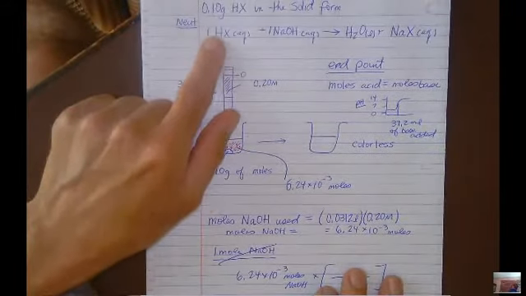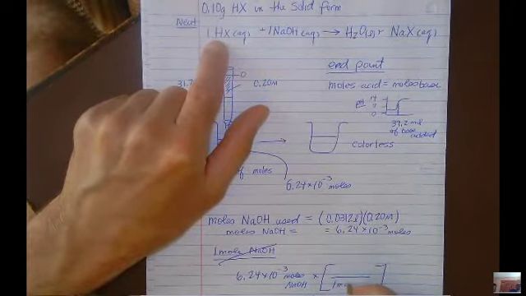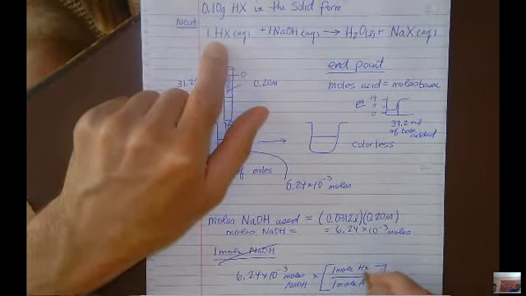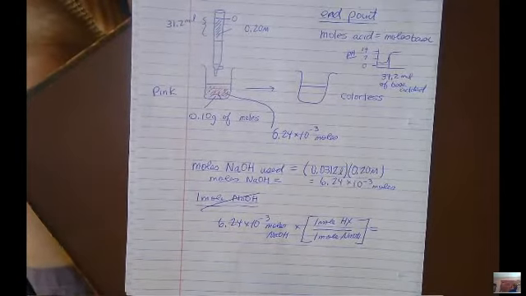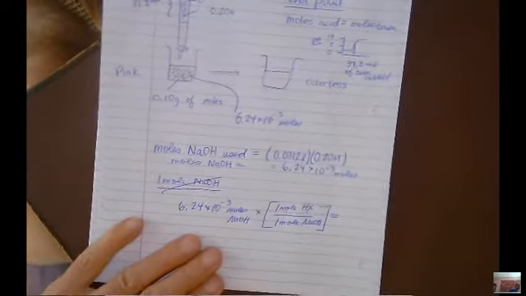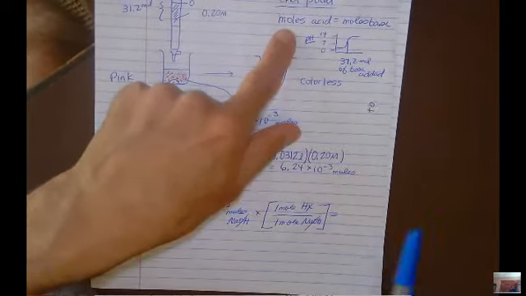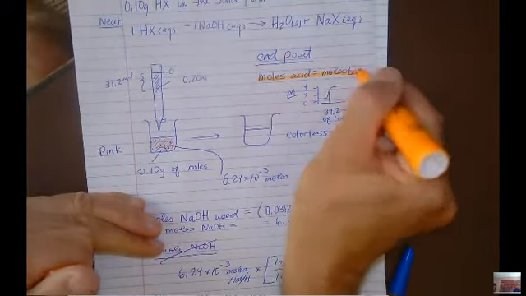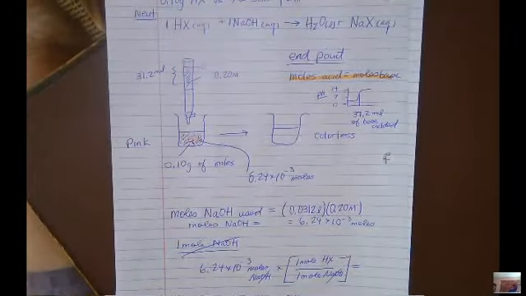For every 1 mole of NaOH that goes in, 1 mole of HCl must be present. This is one-to-one stoichiometry. So, a number multiplied by 1 divided by 1 gives you the same exact number. All I'm doing is changing the units. And that makes sense because at the end point, the moles of acid are equal to the moles of base, in this case, because it was one-to-one stoichiometry.